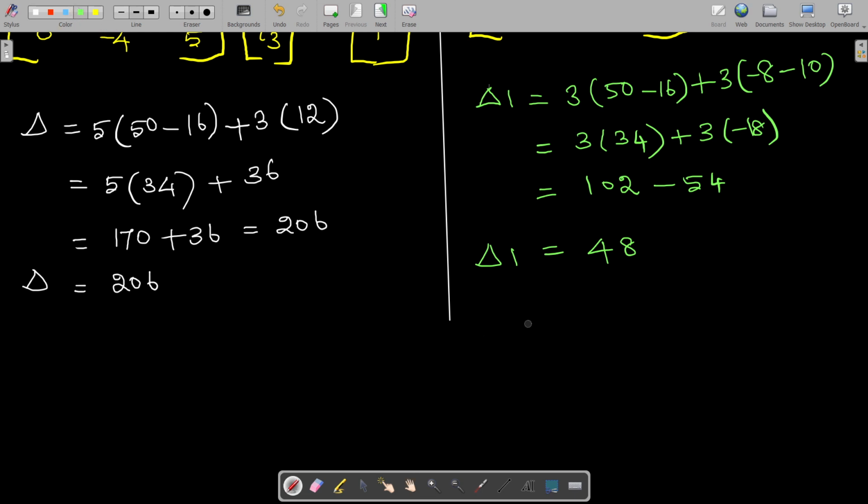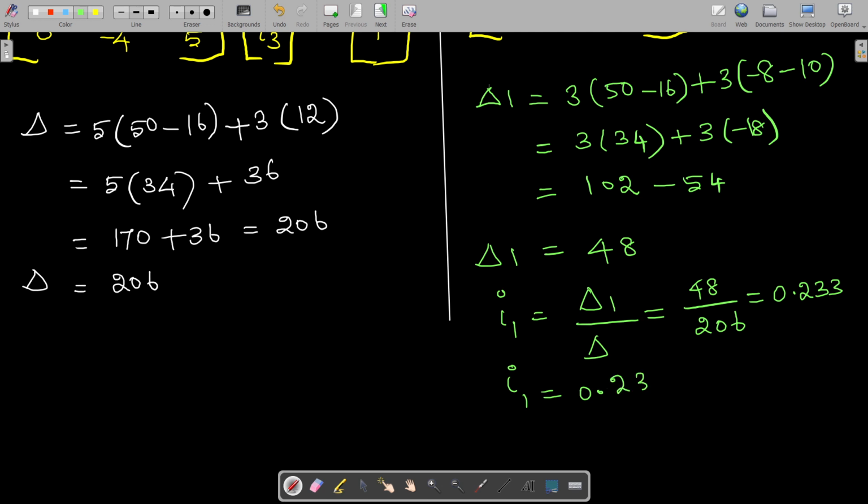So this I1 is equal to del 1 divided by del. So this is equal to 48 divided by 206. So this is equal to 0.233. So this I1 value is equal to 0.233 amps.